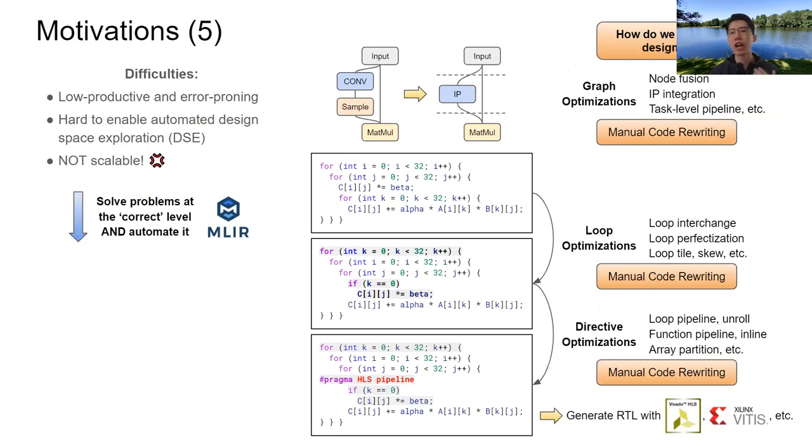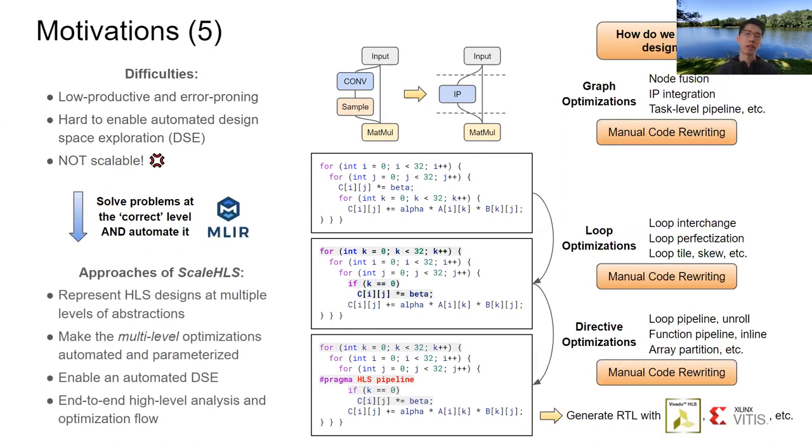And such a hierarchical optimization procedure fits perfectly into the scope of MLIR. MLIR stands for multi-level intermediate representation, and I will briefly introduce MLIR in a second. Basically, it's a compiler infrastructure that allows us to quickly implement such a multi-level representation and optimization.